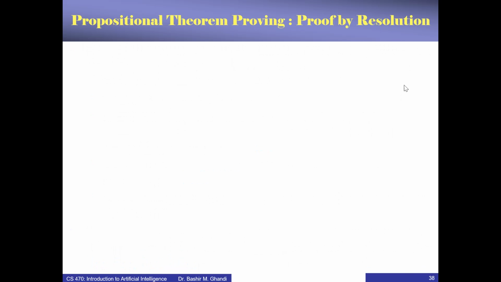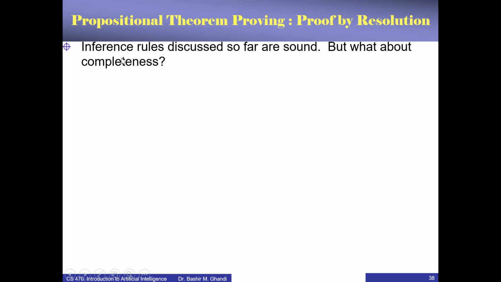The last approach we're going to look at is called proof by resolution, which is even more powerful than searching. It says the inference rules discussed so far are sound. They are good. Sound, remember, means if they generate a sentence, that sentence is always entailed by our KB.